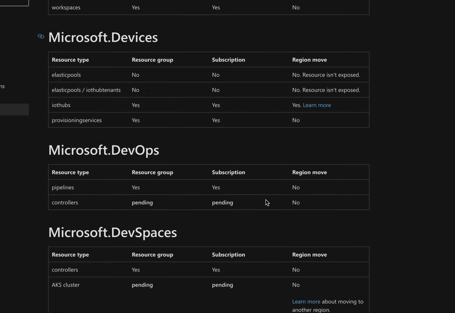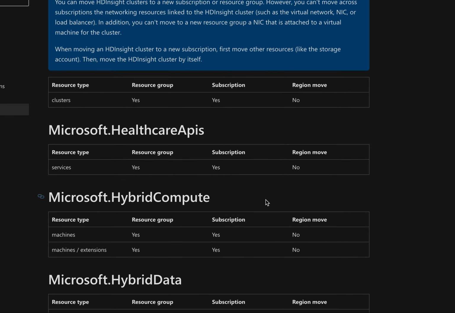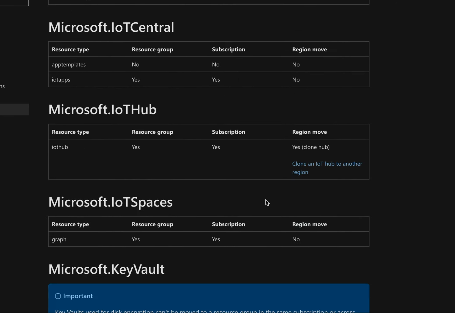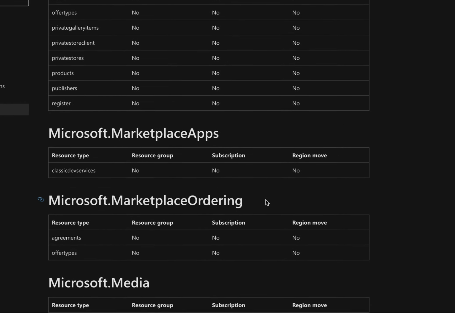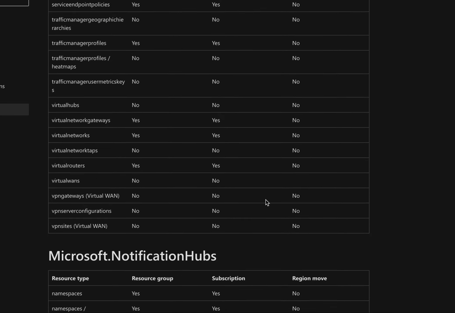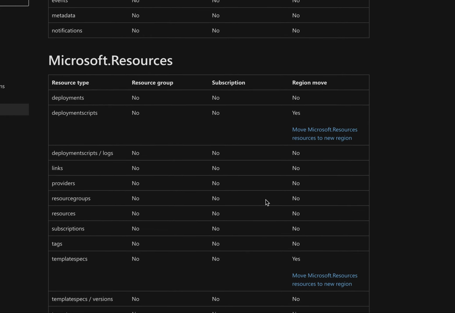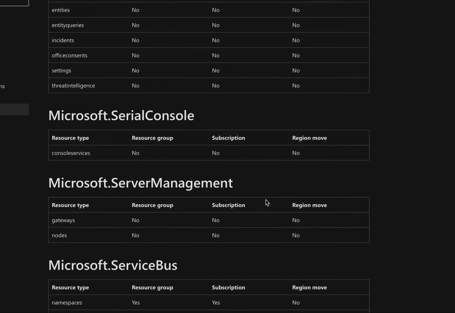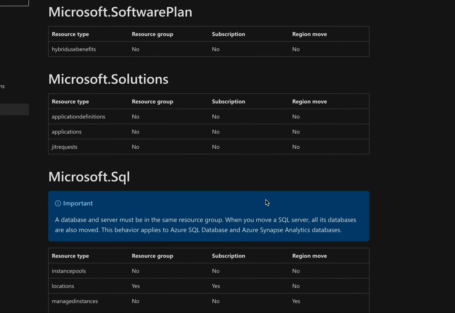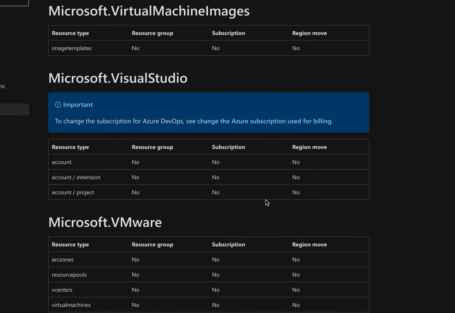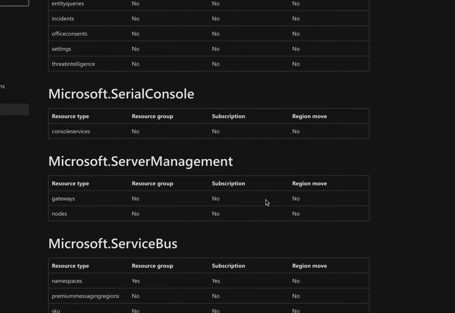Backups, DevOps, DevTest Labs, Event Grid, Event Hub, Hybrid, Microsoft Insights, Kubernetes, Logic, Machine Learning, Marketplace, Network, Microsoft Portal, Resource Health, Security, Mesh, SQL. Alright, looks like we have a fair idea of what it is, right?